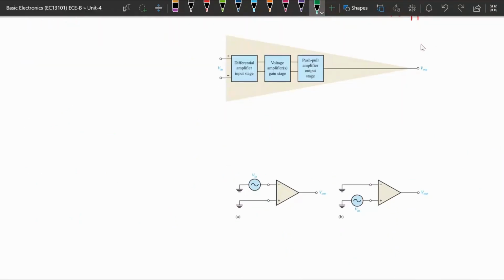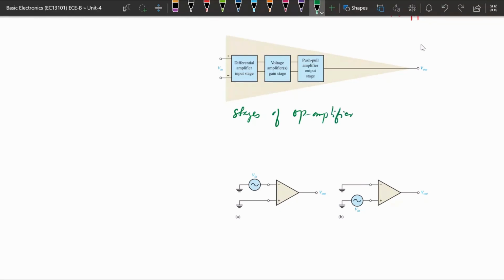Okay, so this is an operational amplifier symbol, and it has 3 different stages. In the previous slides we have seen that it is a multi-stage amplifier, basically an operational amplifier with different stages. This figure represents the different stages of the operational amplifier.